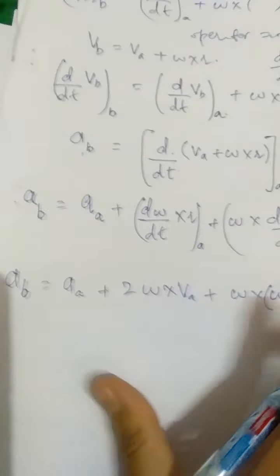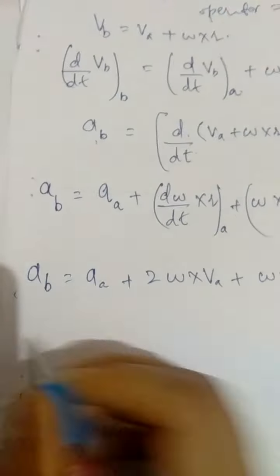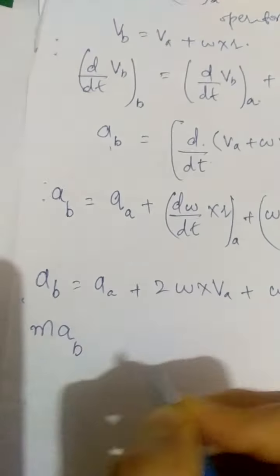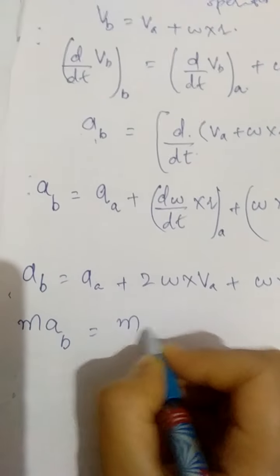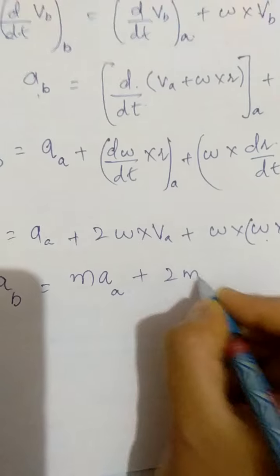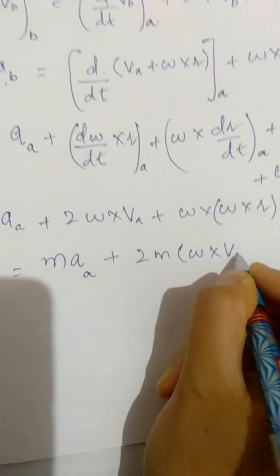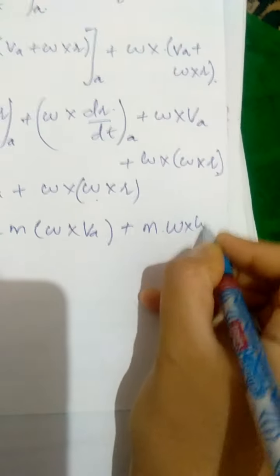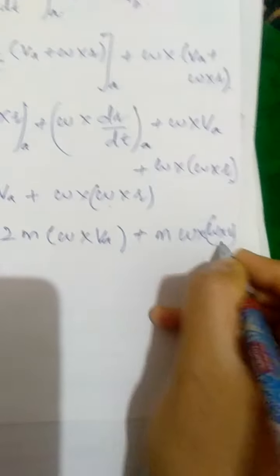these terms, right? So let us multiply this equation throughout by mass. So it is mass into acceleration in the frame of reference B, mass into acceleration in the frame of reference A, plus twice mass omega cross VA plus m omega cross R, right?